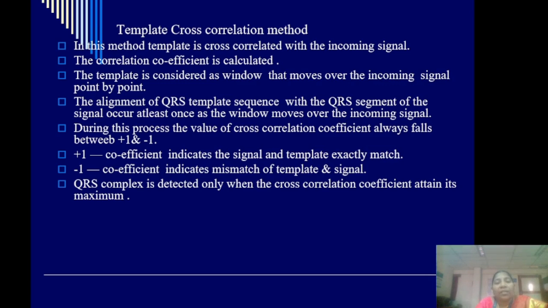While calculating the cross correlation coefficient, it always falls between the values +1 and -1. If the correlation coefficient is near +1, it indicates that the signal and the template exactly match. If the correlation coefficient is -1, we can say that the template and the signal do not match at all.